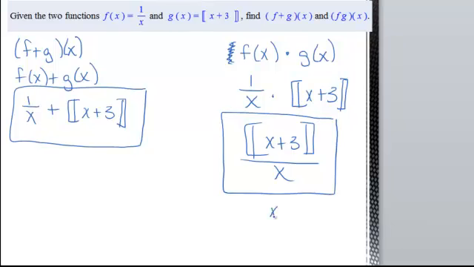Here you have to make sure that x is not equal to 0. Here is the same thing. X cannot be 0. And you know that because 0 is not in the domain of f to begin with. So it cannot be in the combination, the addition or the multiplication of f and g.